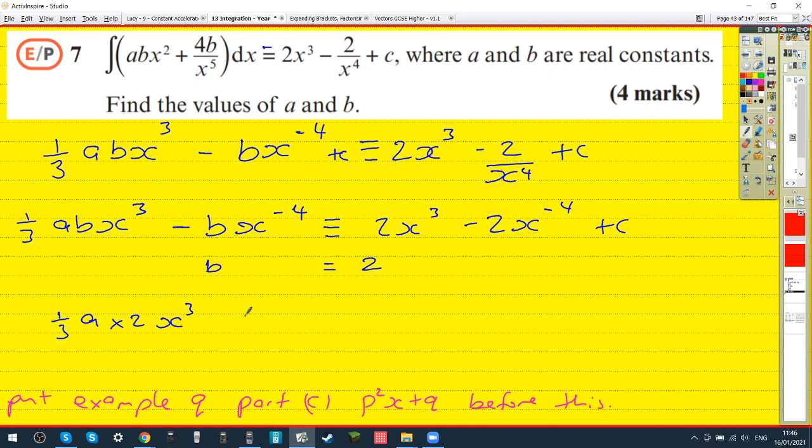Yep. Which is 2 over 3. 2 over 3a x to the 3.